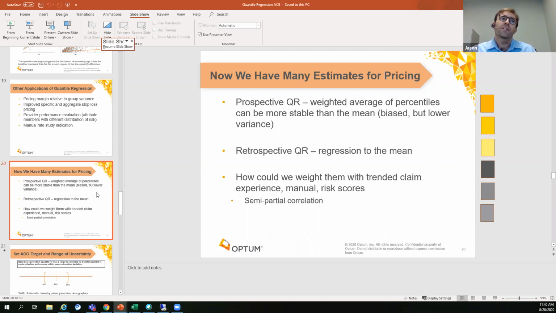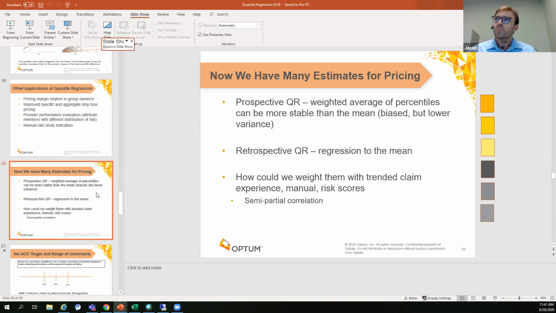We've talked about regression to the mean from a retrospective quantile regression. So now we're talking about four estimates already: prior claims trended, what your traditional risk score would tell you, what a retrospective quantile regression would tell you, and what a prospective one would tell you. It's hard enough to learn how to correctly blend two estimates together, and now we've got four estimates we have to find a way to blend in an optimal way, and that's a different talk.